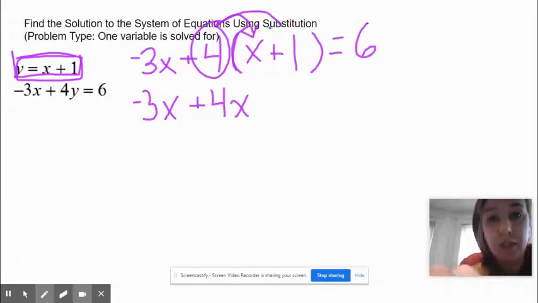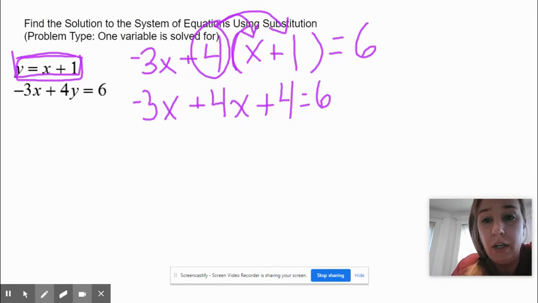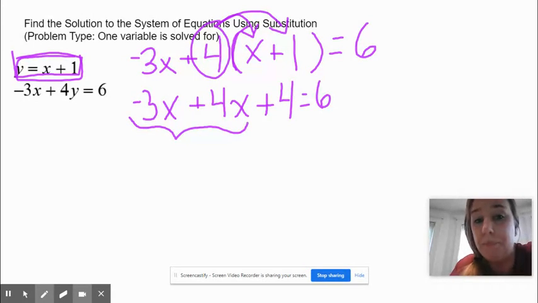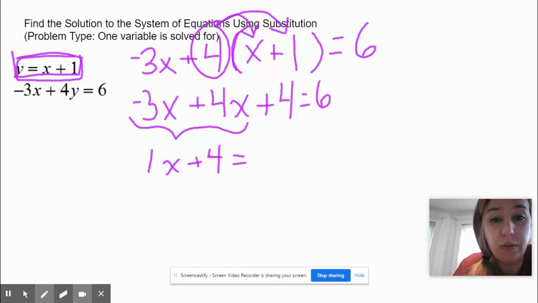And I've got 4 times 1, which is a plus 4. And that equals 6. So now I'm going to combine some like terms. Negative 3 plus 4 is 1. So it's like 1x plus 4 equals 6.